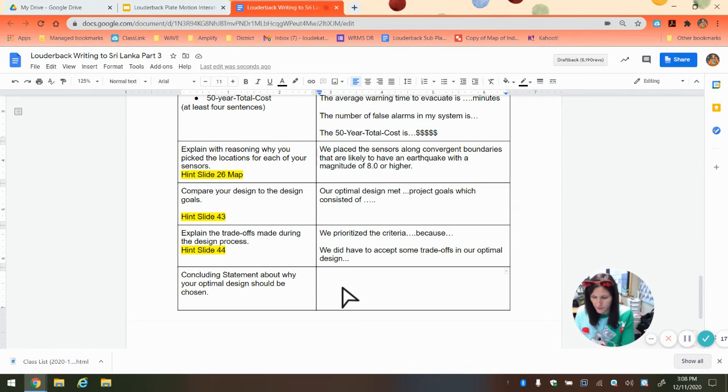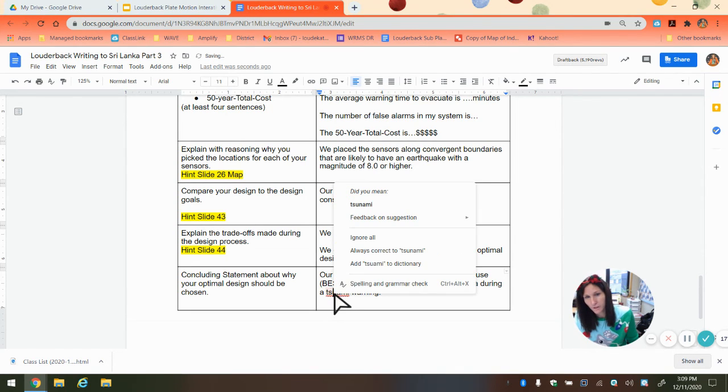And then our very last sentence is pretty much like your concluding statement about why your optimal design should be chosen. Okay, so it's our warning system should be selected because, and this is where you want to describe your best features and only your best features, okay, of your little system here, in order to help Sri Lanka during a tsunami warning.